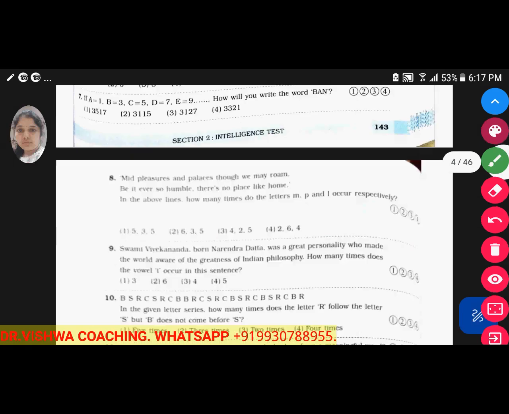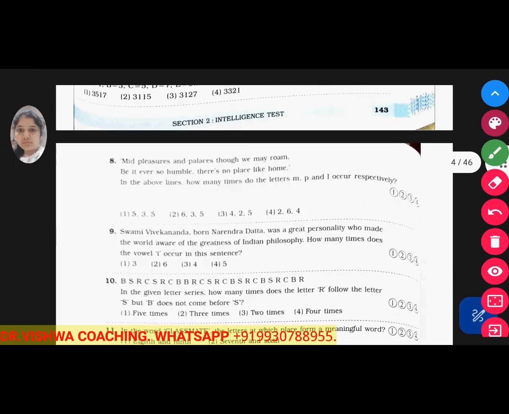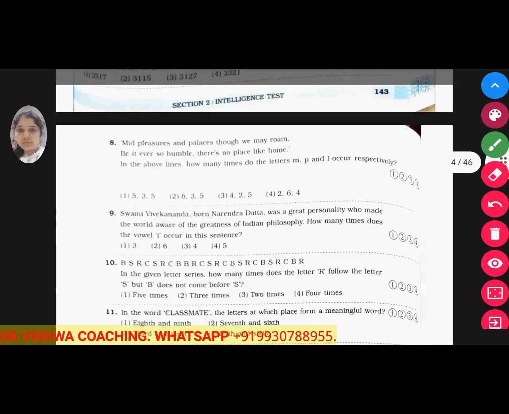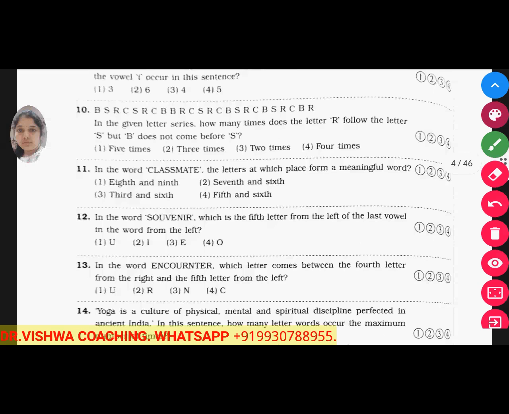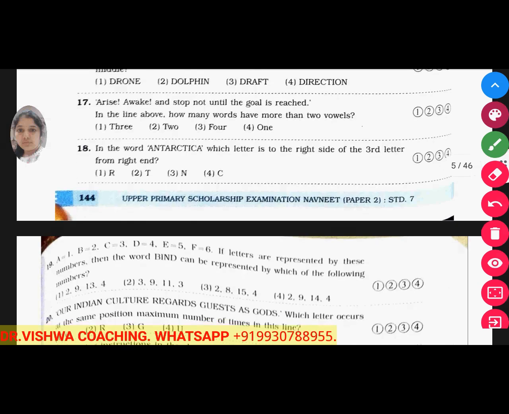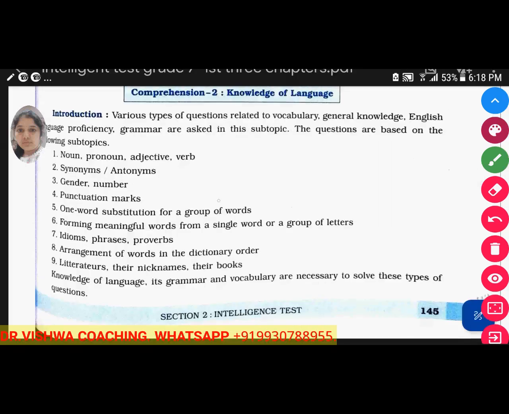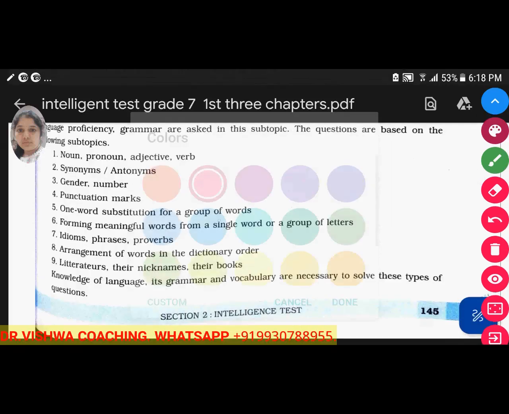If you have some difficulties, then we will take a topic on that. Now the next topic depends on noun, pronoun, adverb, synonyms, antonyms, greater number, smaller number, punctuation marks, all the things we should know before we move ahead.